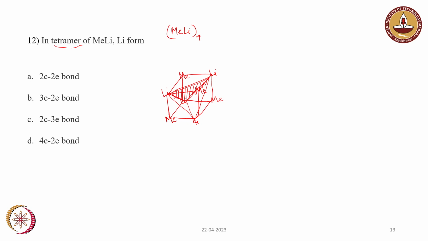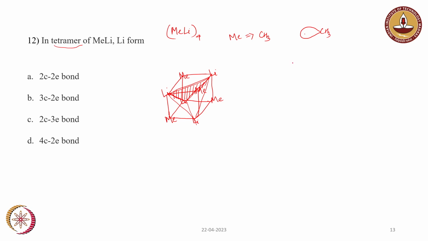So carbon orbitals of CH3. Methyl is CH3, so in CH3 the sp3 hybrid orbitals will be like this. The carbon orbitals of CH3 are lower in energy compared to lithium, so the bonding pair of electrons is primarily associated with the CH3 group.